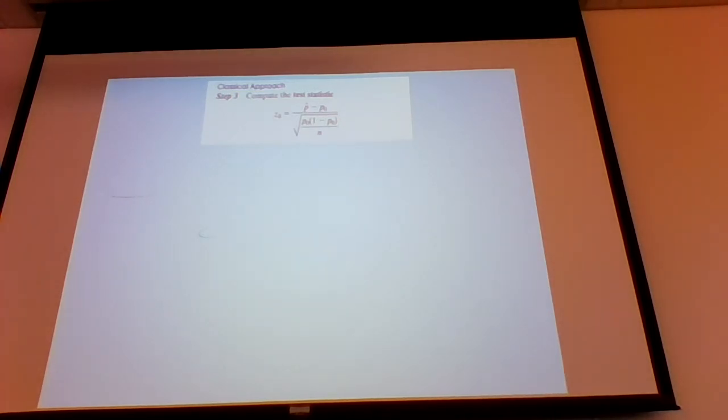So you compute this. And then you look up, depending on what your alternative hypothesis is, you take alpha and either leave it alone, that's left-tailed or right-tailed. So alpha is this area, this probability here.